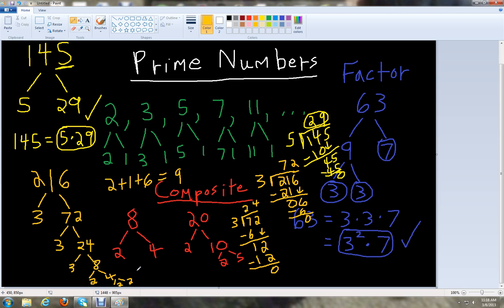So we look at all the numbers at the end of the branches of our tree. We have 3, 3, 3. Then we have 2, 2, and 2. So 216 is equal to 3 times 3 times 3 times 2 times 2 times 2.